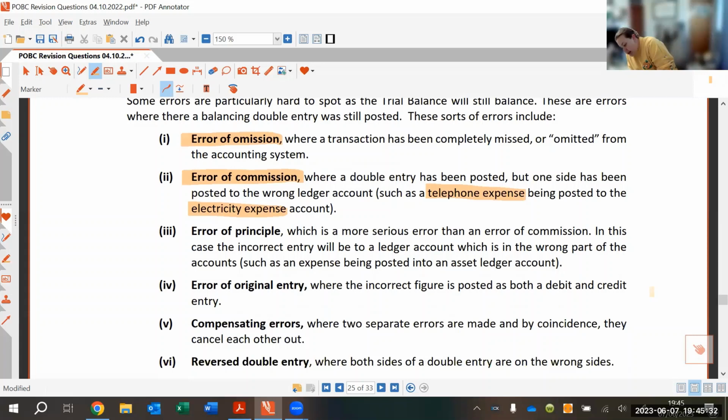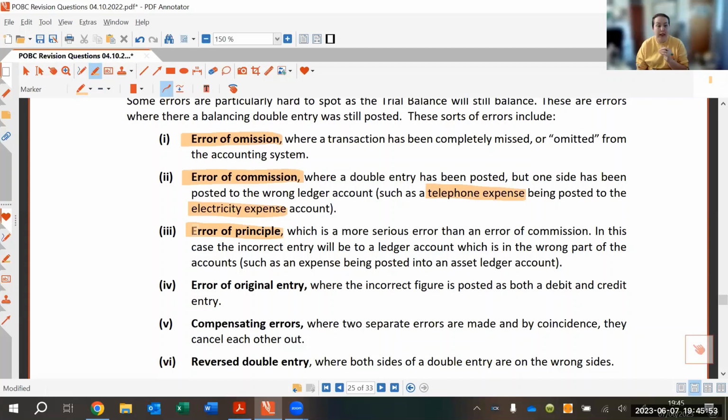The other one that's similar to error of commission is your error of principle. As it says, this is a more serious error. We talked about this in the live classes for those of you that were there. It's like error of commission, but what we've done is post one side of the transaction to completely the wrong category of account.